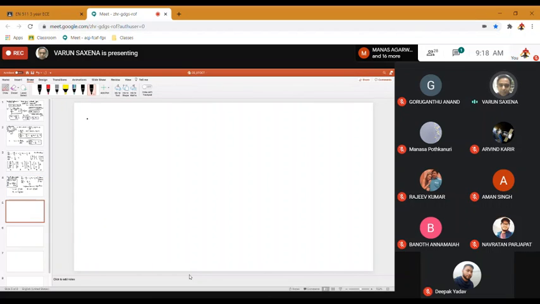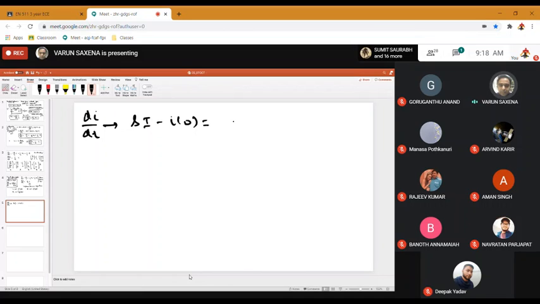So the first equation is di by dt, which gets transformed to I into S minus I0. Everything else follows.